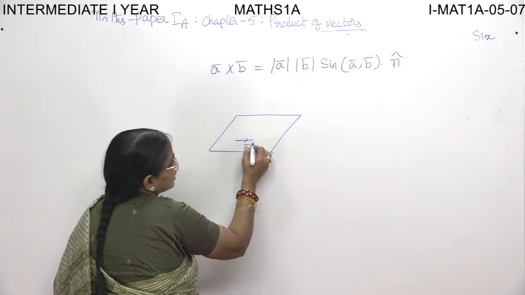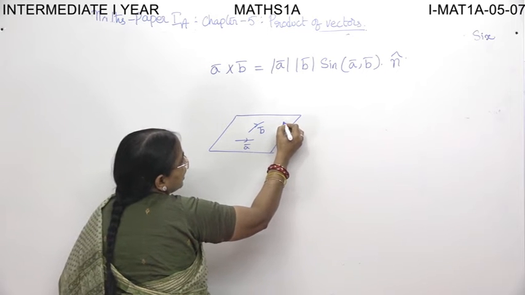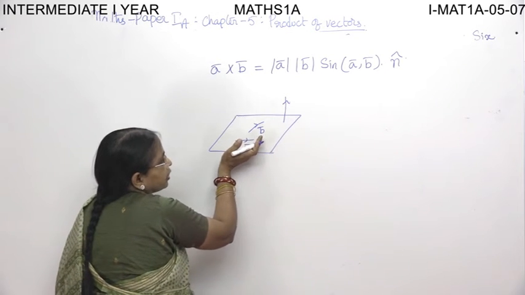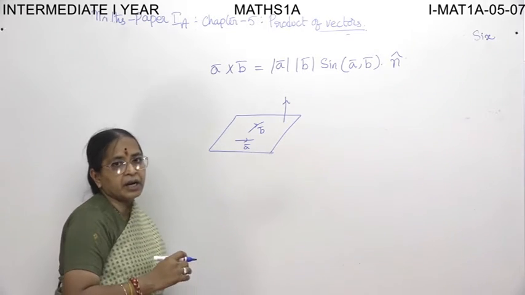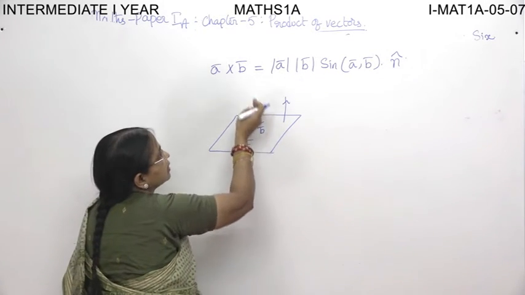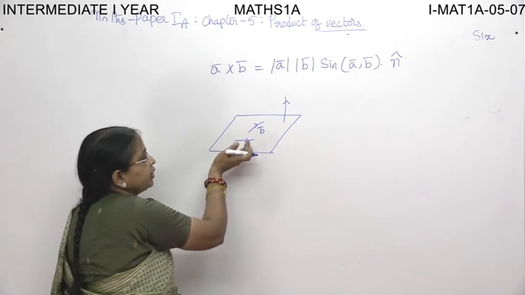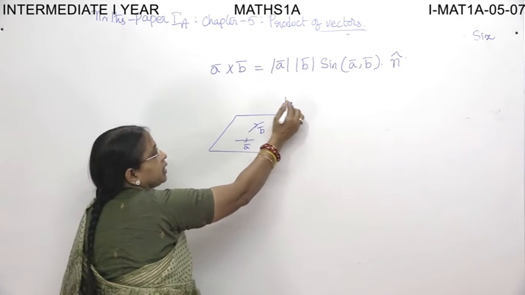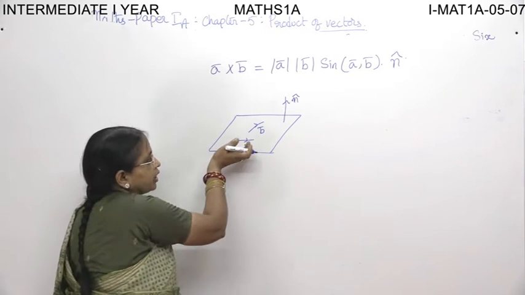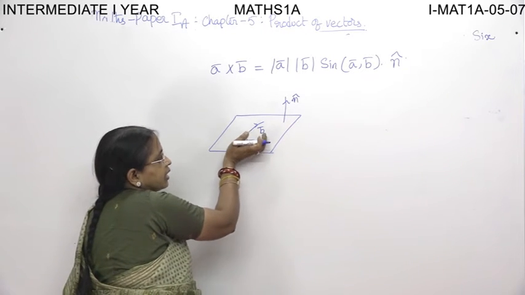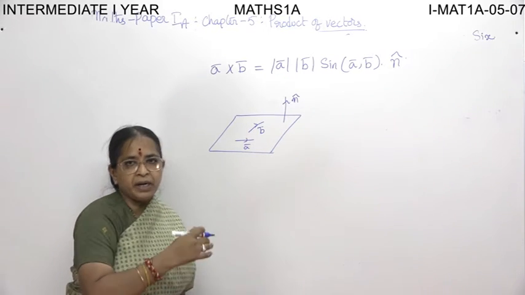Suppose A vector is here, B vector is here. Then n cap direction is like this. The rotation should follow the right hand thumb rule. A, B and n cap form a right-handed coordinate system. So you know the right hand thumb rule: when you use your right hand like this, A to B rotation is like this, and n cap direction will be perpendicular to the plane.